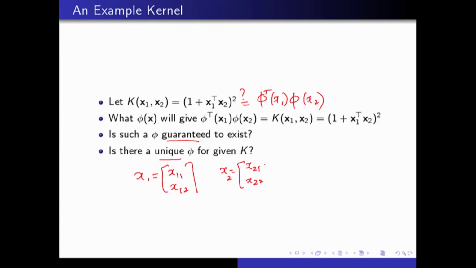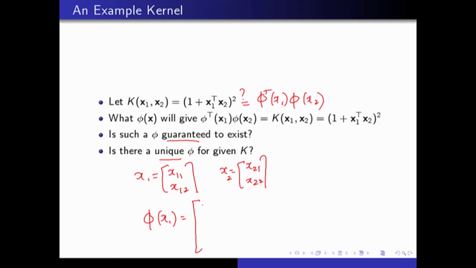So consider x1 and x2 in R2. What expansion could give you the desired kernel? Obviously we might need more than 2 entries. What would the first entry be like?